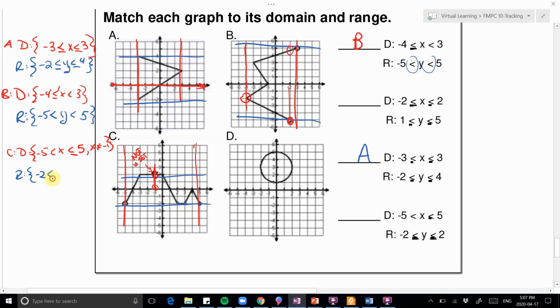So it's actually included in the data set, even though one spot doesn't work, because as long as it shows up anywhere, we show it. And at my tallest here, I have a 2. Once again, we've got that open point, but because it hits at other points, that is a part of my data set. So I don't have to put that exception in when it comes to the range, which would make that D.